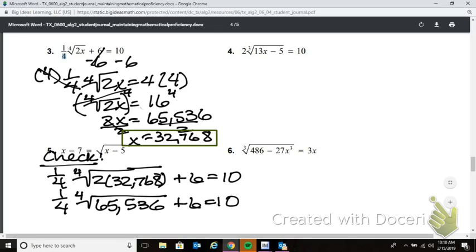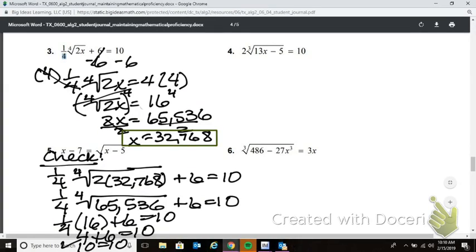And then what is the 4th root of 65,536? Can we calculate that one? Okay, so we calculated the 4th root is 16. And then a fourth of 16 is 4. 4 plus 6 is 10. So we get 10 equals 10, which is a true statement.